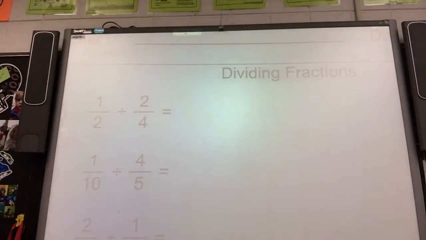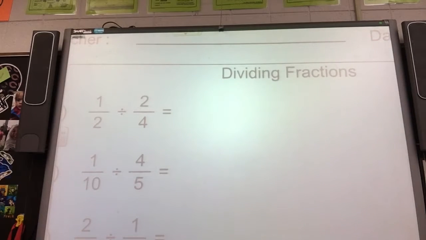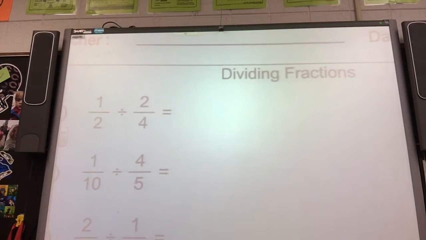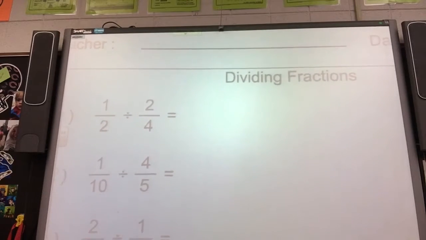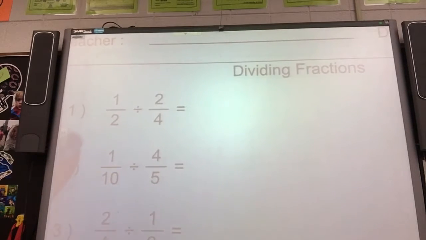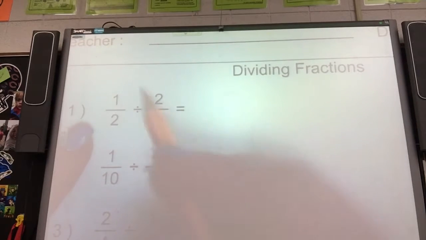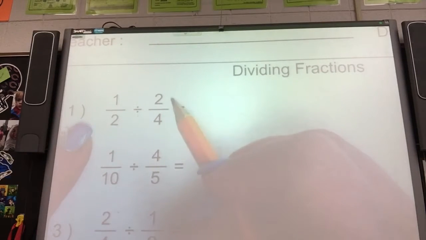What we're going to do is the famous keep, change, flip. Basically, you keep the first fraction, change the sign, and write the reciprocal of the second fraction. The reciprocal just means you're going to flip it over.